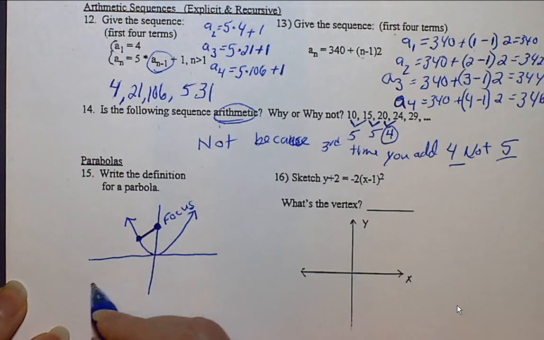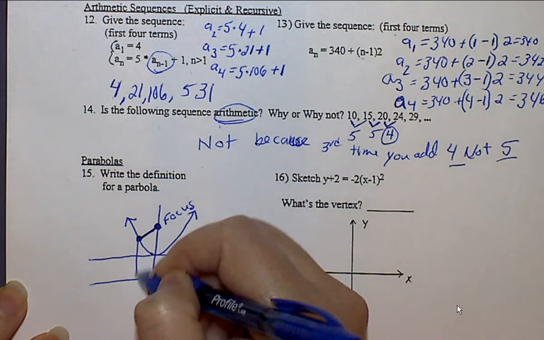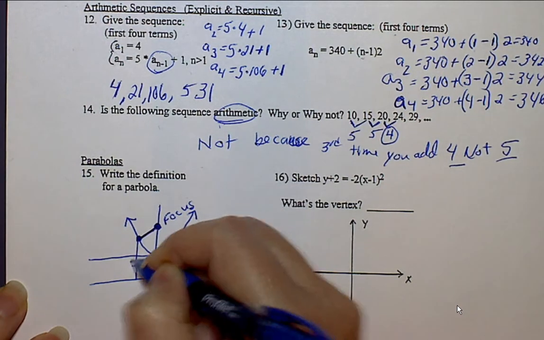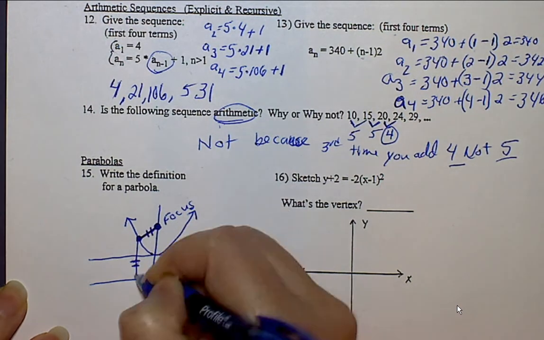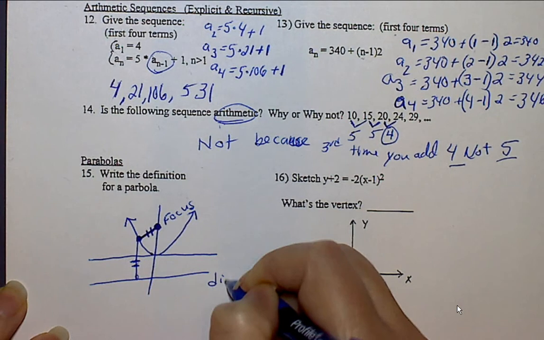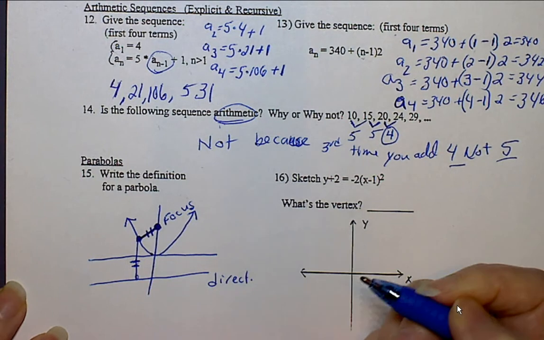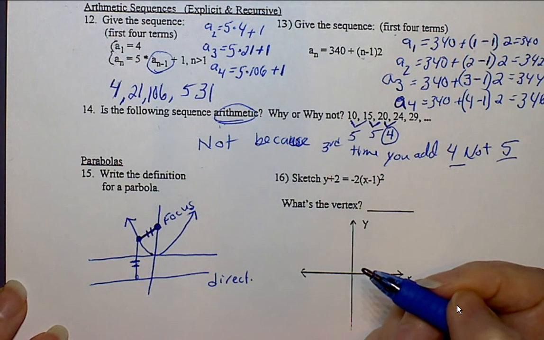So the directrix would be here, and that means this distance is the same as this distance to the directrix. And that's what you need to know for the definition.